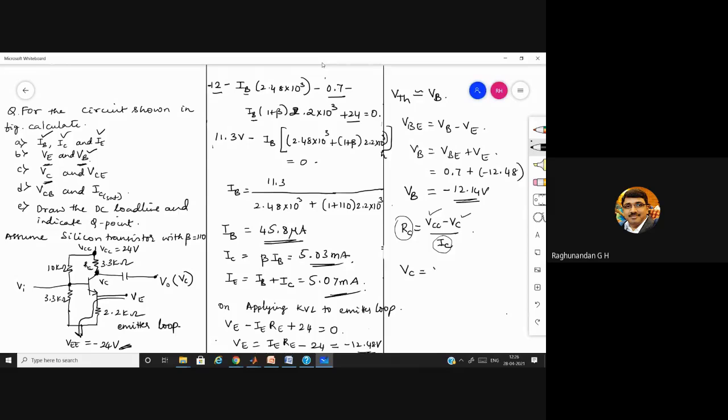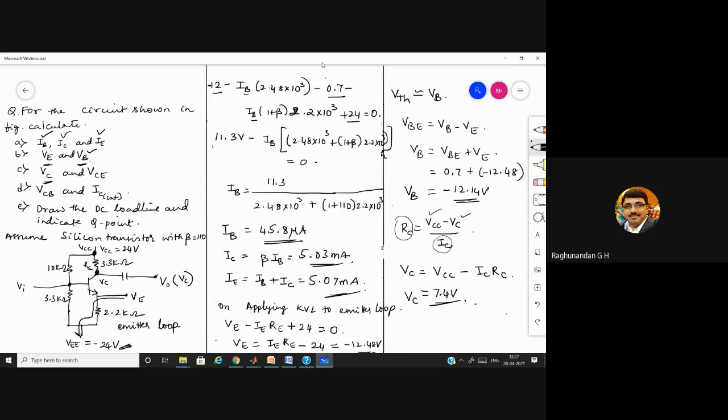So VC will be equal to VCC minus IC RC. That is 7.4 volt.